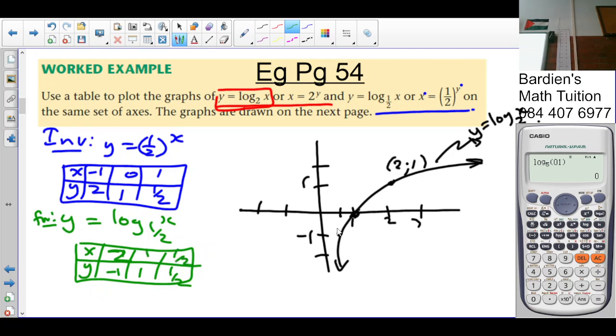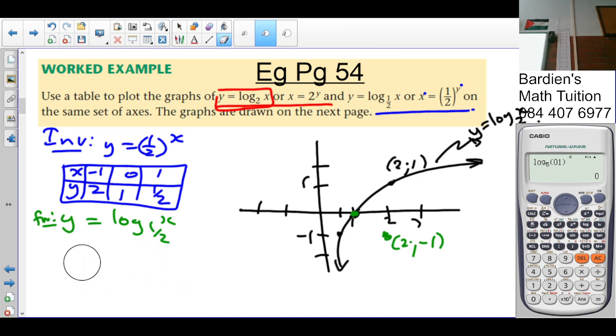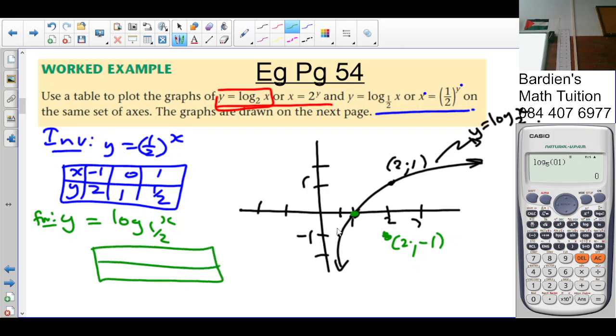So if x is 2, y is negative 1. If x is 1, y is 0. And if x is a half, y is 1. I'm messing up those values here.